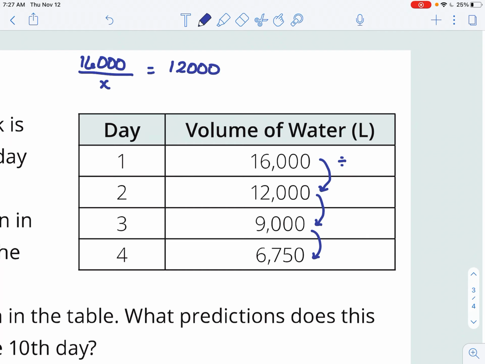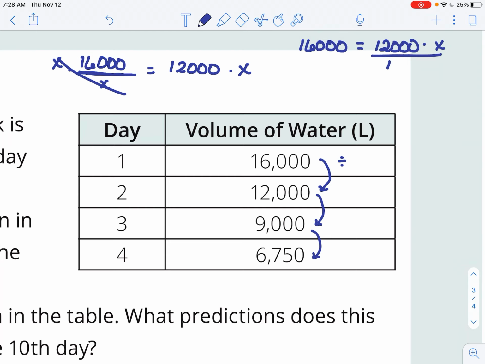We didn't realize how painful this question was when we initially assigned it, so we apologize. We didn't realize we were going to make you solve an equation like this. But one thing I can do, since I know I have divided by something, I can undo division by multiplication. So now I'm out of room over there, but I have 16,000 is equal to 12,000 times some number.